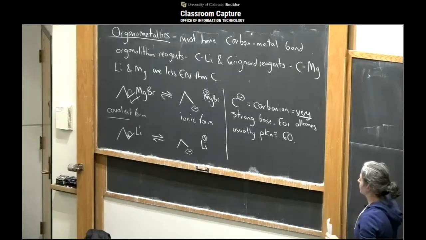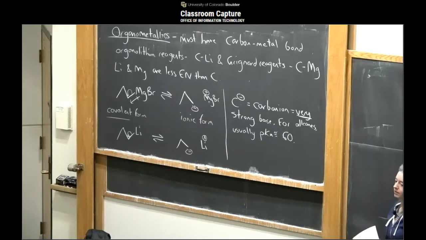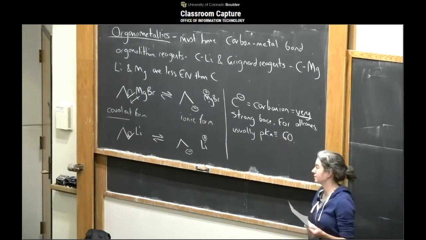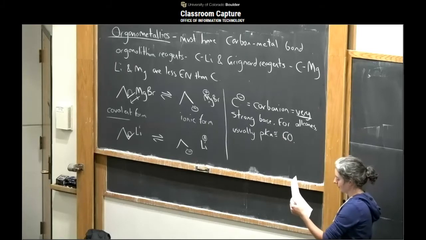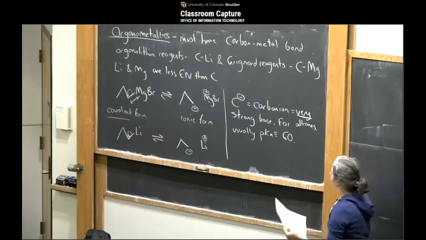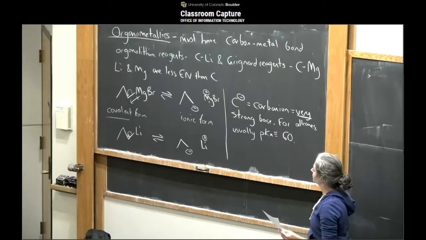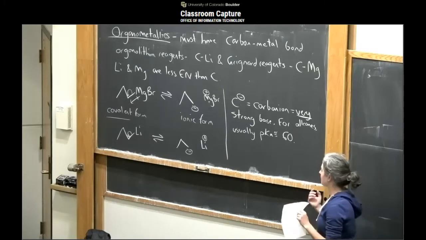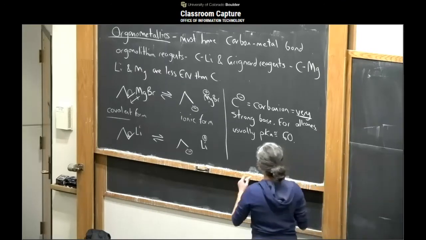It can come down to about 45 if it's double bonded, and maybe the mid-20s if it's triple bonded, but it's still stronger than most of the other stuff we're going to see. So what this means is that if we do try to put this thing in water, acid-base reactions are very favorable.